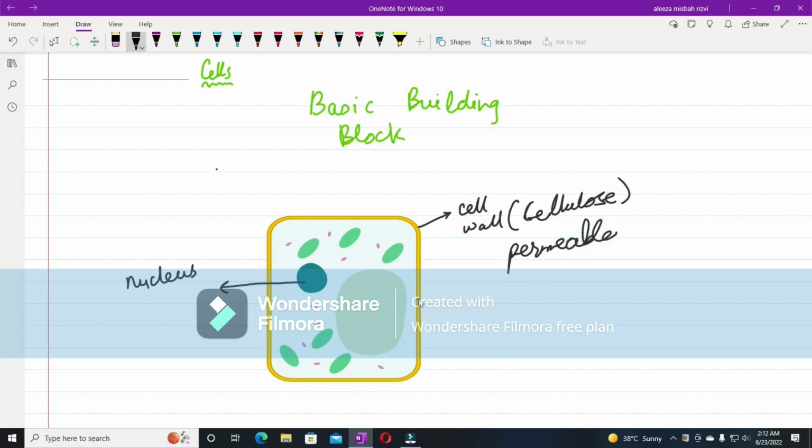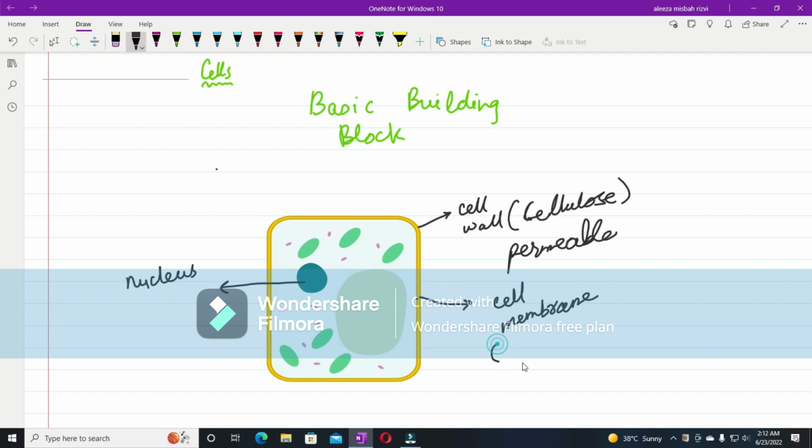Okay, then the second structure, the inner layer, is known as the cell membrane. Commonly all cells are surrounded by a cell membrane, and it is a thin layer at the surface of the cell which forms a boundary between the cell contents and the outside of the cell.